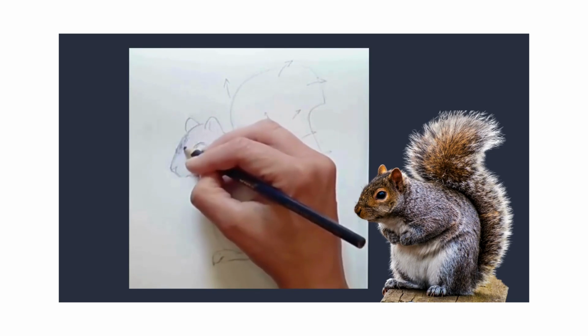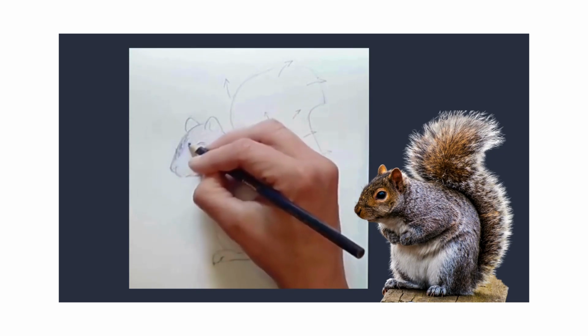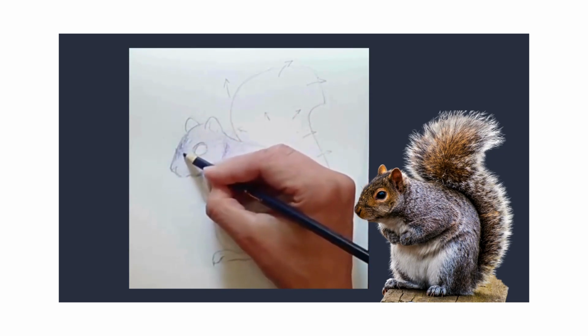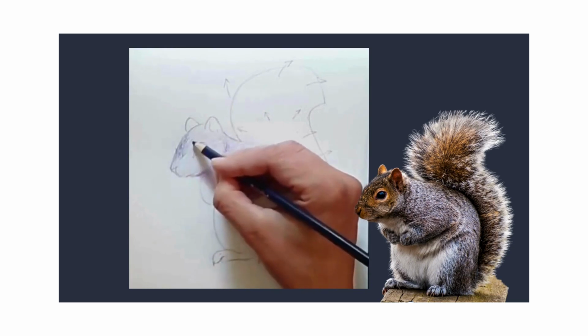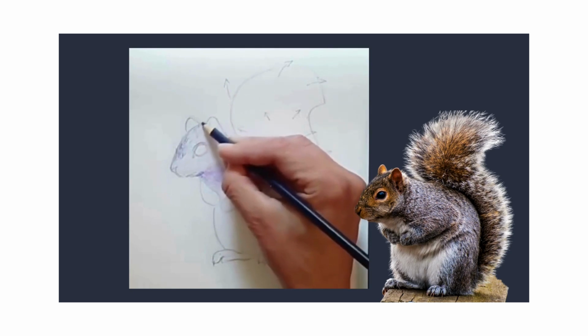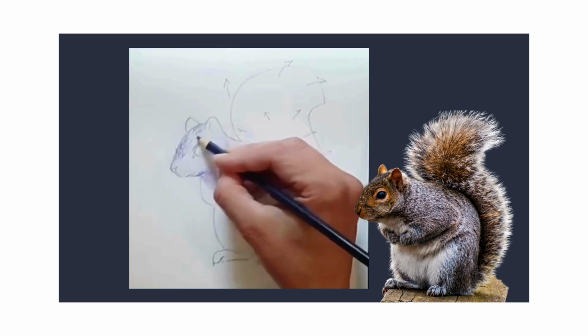I'm looking at his little nose. And not only am I adding color and value now, but I'm also creating that texture and using it to help create those values. I'm not trying to draw every single little fur and hair.